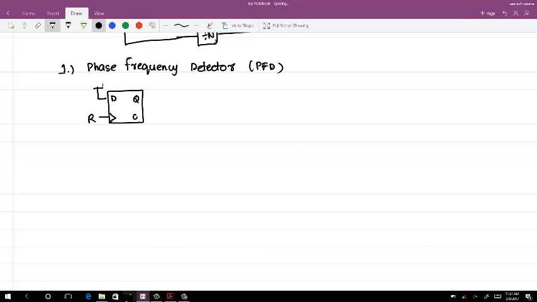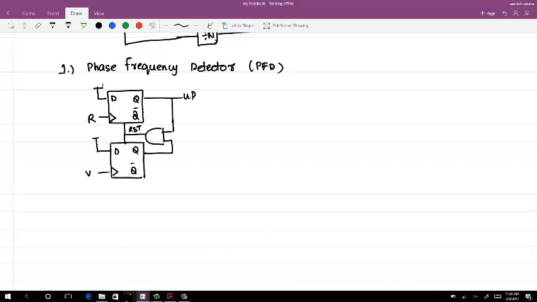We have Q, Q bar, and then the other block, again with D and Q, Q bar, and that is reset using an AND gate. So this is the reset, and this one is up and down.